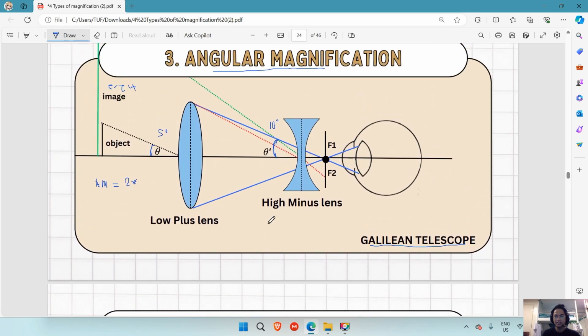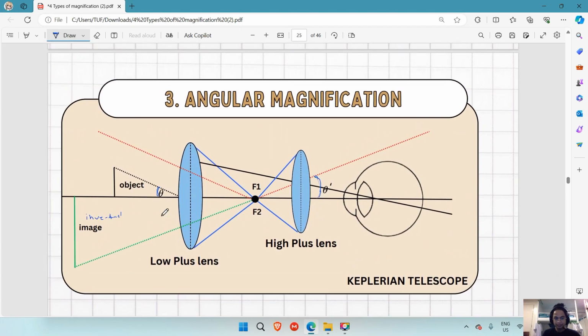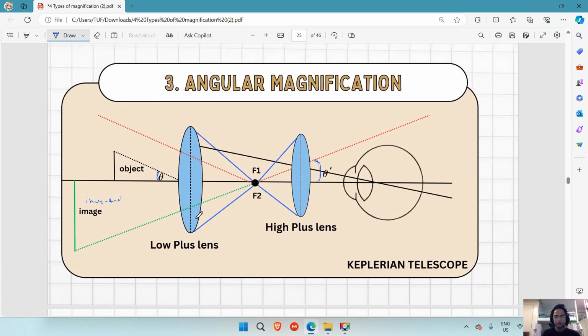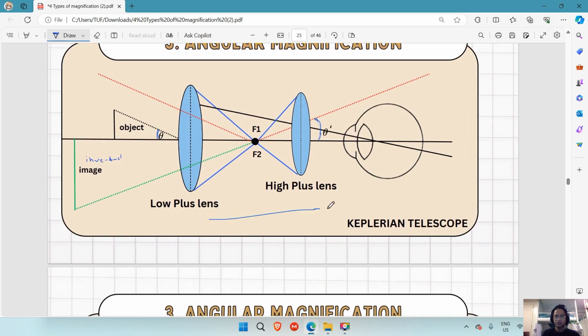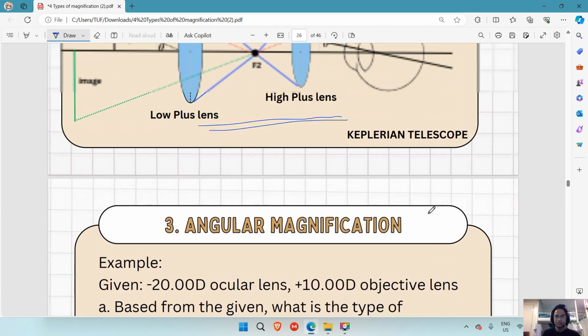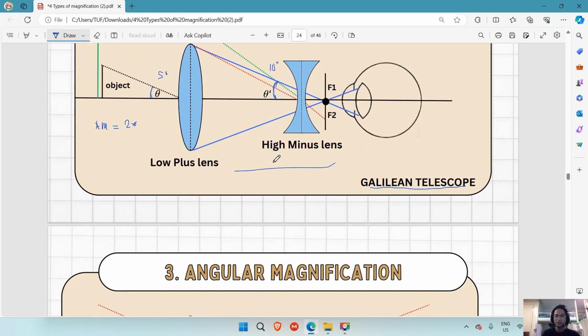The magnification here refers to the relational size of the image. Okay, so let's not dwell more on this concept because this is more on the theoretical optics. So if you want to review for this concept, you may want to revisit our TJO.